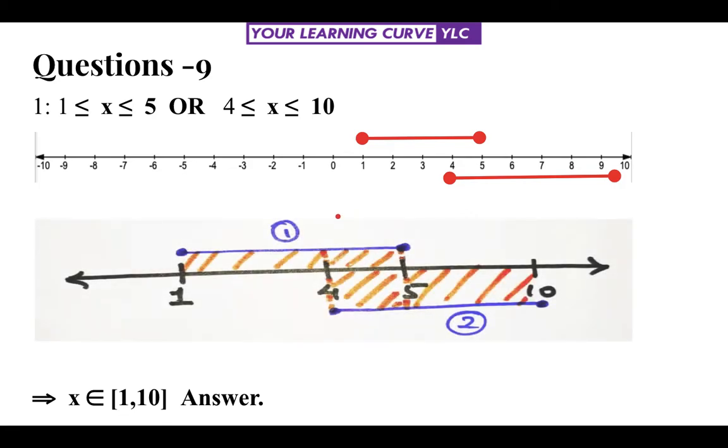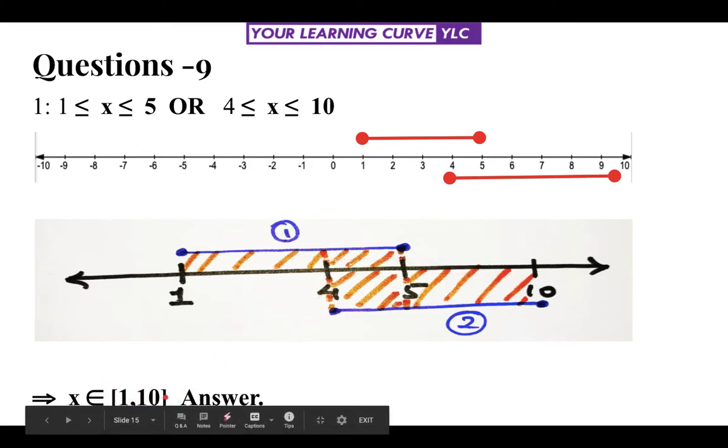Now we take the union. In 1 to 5, all the numbers satisfy the first inequality, and in 4 to 10, all the numbers satisfy the second inequality. If a number satisfies any one or both of the inequalities, it will be part of our answer. We have to take the union. So the interval from here is 1 to 10.